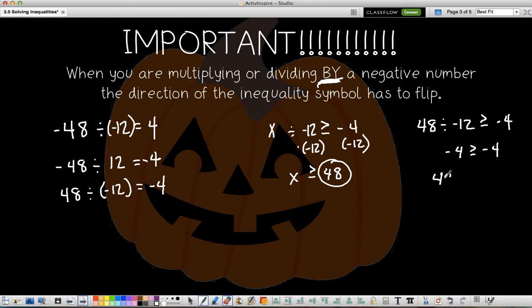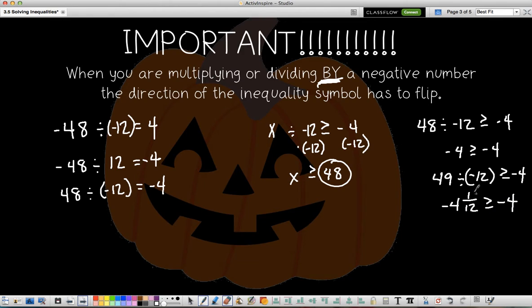So I'm going to use 49 divided by -12 is greater than or equal to -4. And I get, and let's just do it as a fraction to save some time, negative 4 and 1/12 is greater than or equal to negative 4.